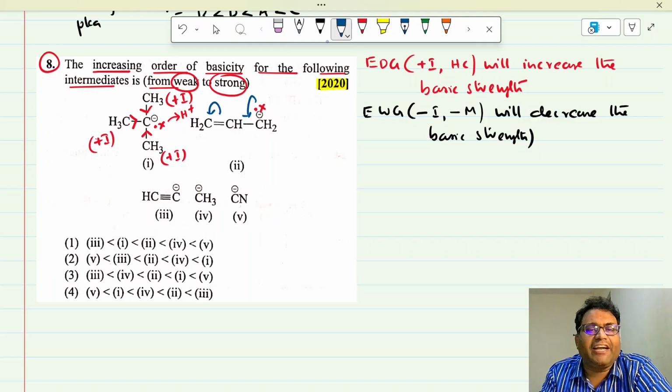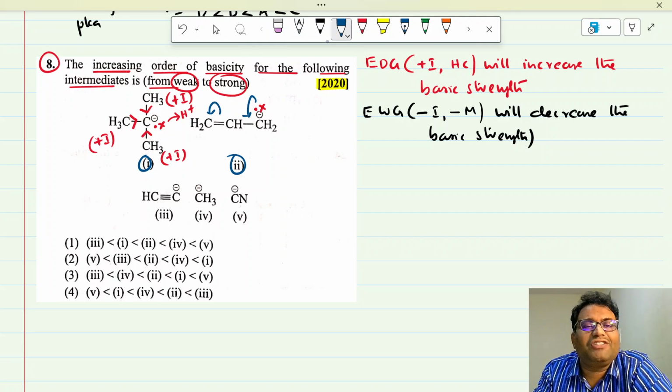Now you see in the second molecule, whether it is more basic or first molecule, it is more basic. First molecule is more basic because the availability of pair of electrons is more. More the availability, more the tendency to donate. More the tendency to donate, more basic.